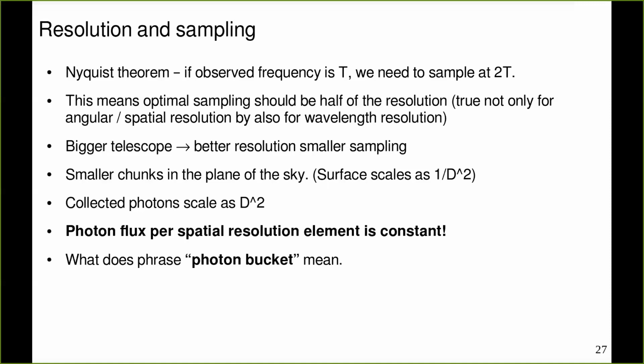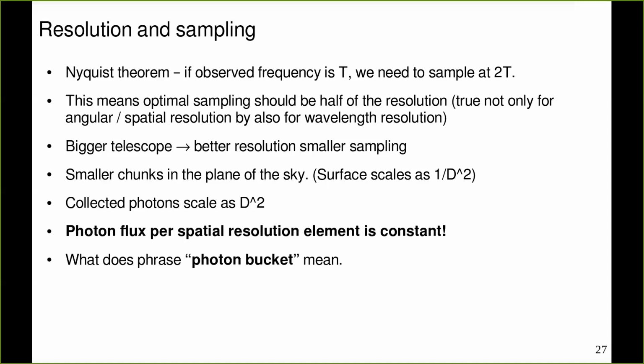Does it make sense? Well, the number of total photons that I'm collecting scales as the square of the diameter of the aperture, which means that the number of photons received per something that we call spatial resolution element is constant. So if you want to make a bigger telescope to see smaller objects, your signal to noise is going to stay the same as in the case of your previous telescope.